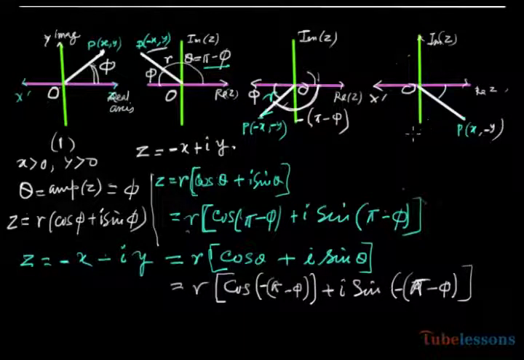In the last case, Z lies in the fourth quadrant. Here x is positive, y is negative.